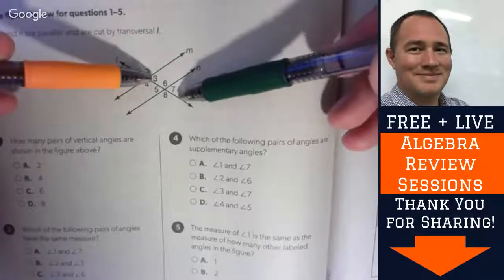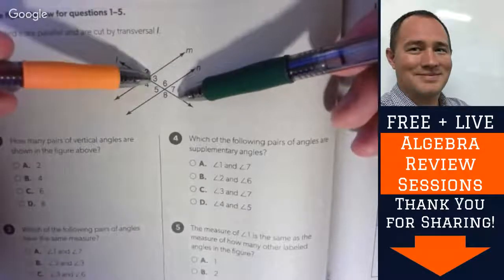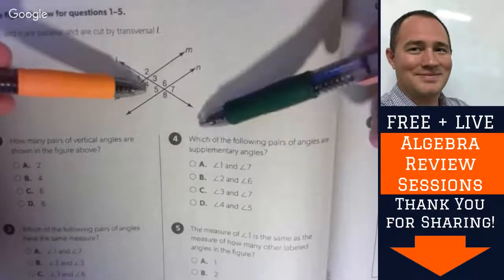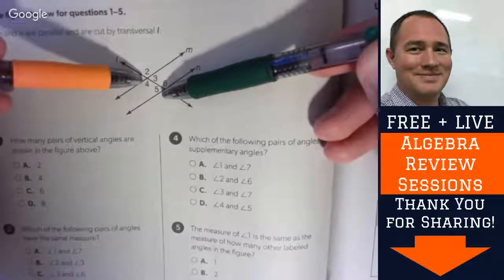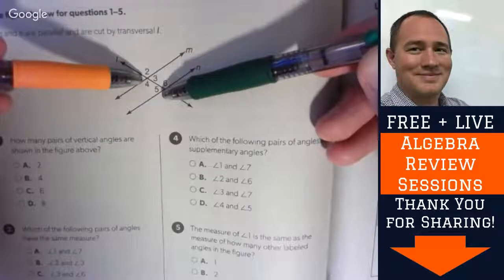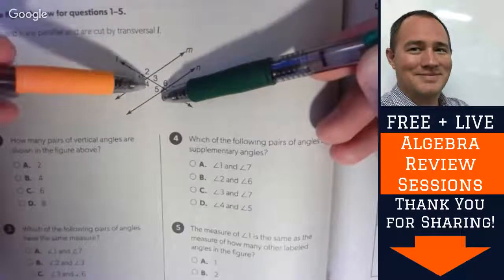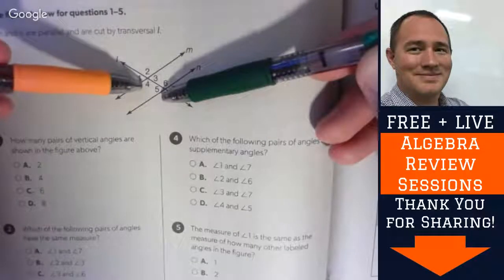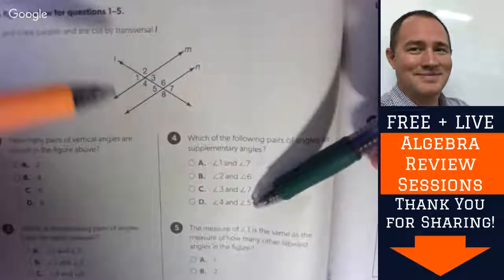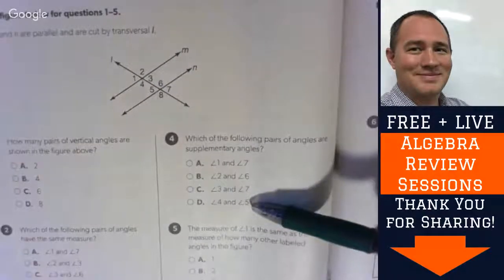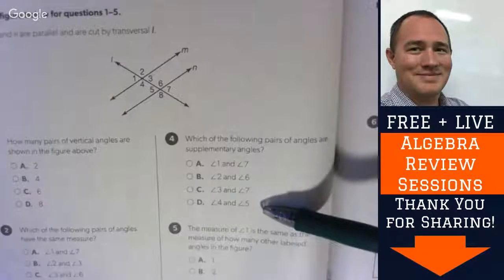They are equal, not supplementary. 4 and 5. All right, now we're looking at same side interior angles, and those would indeed be supplementary. Those would add up to 180 degrees. So the answer for number 4 is D.